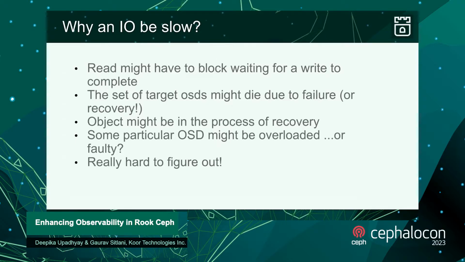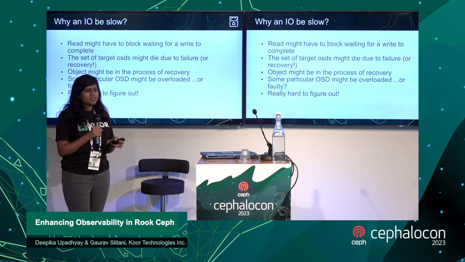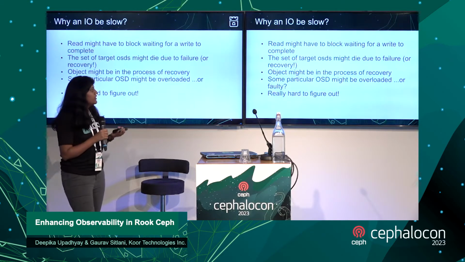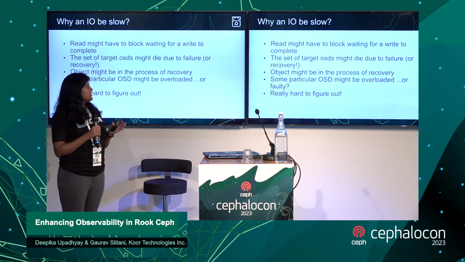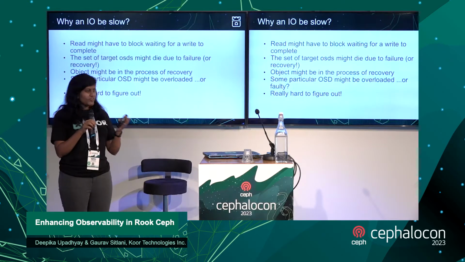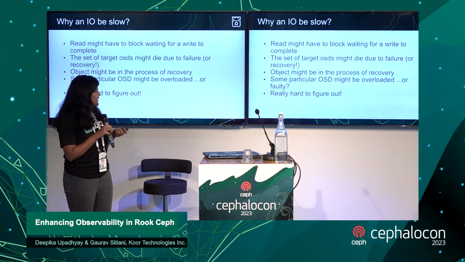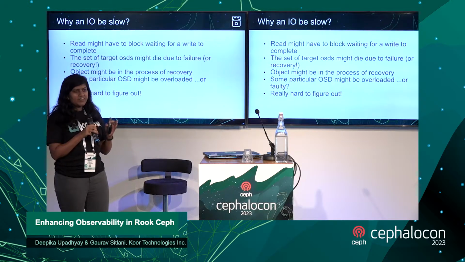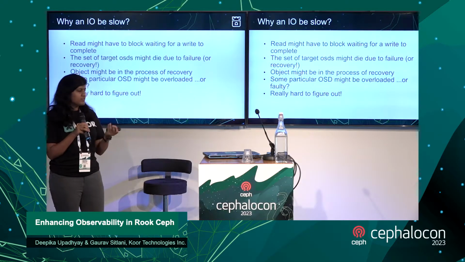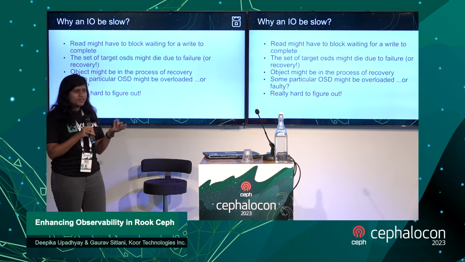There could be OSDs dying out, maybe due to hardware failure, software failure, or a heavy recovery operation going on. There could be an object that's lost, unfound, or not being able to get mapped on the RADOS layer. And there could be topology-based things happening that might be overloading some of the OSDs.